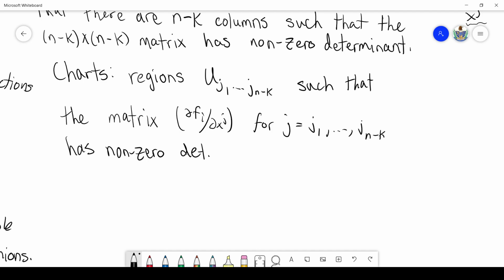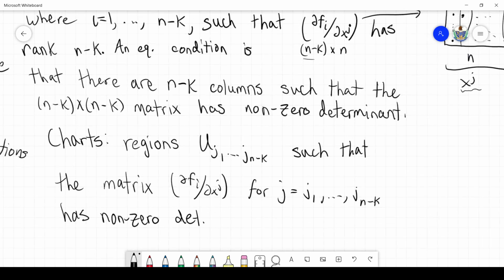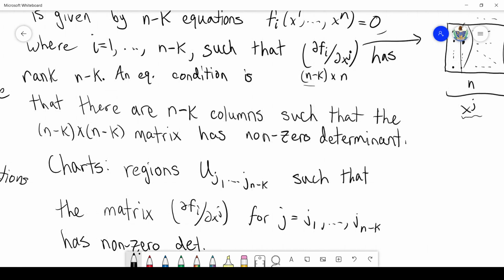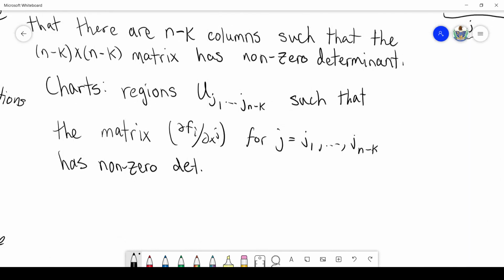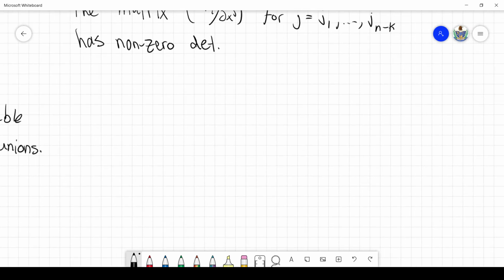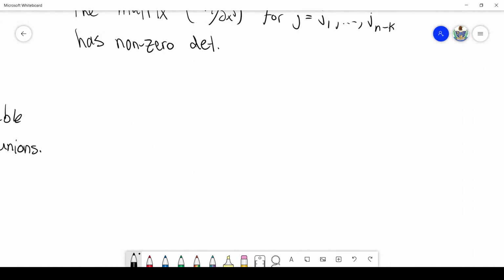And the reason why we can pick these charts is essentially because the equivalent condition says that we can always pick some n minus k coordinates such that the square matrix has non-zero determinant. So these regions are just regions where, for those specific coordinates, it has non-zero determinant. So any point on the surface must lie in one of these regions. And so we can form a manifold structure on the surface in that way.